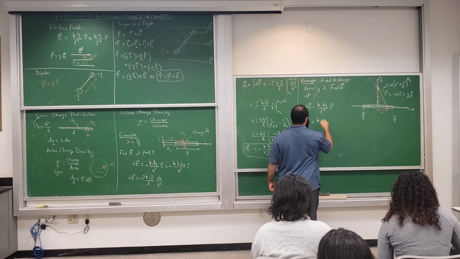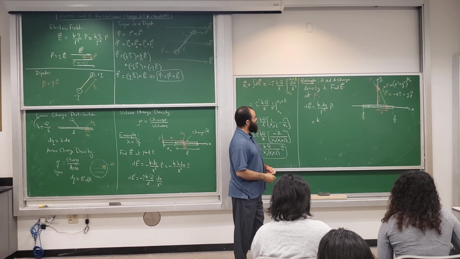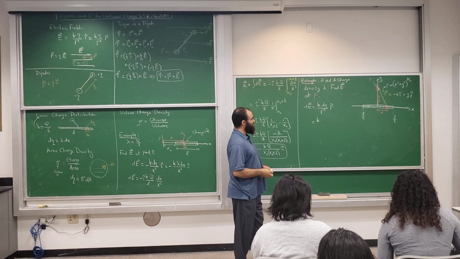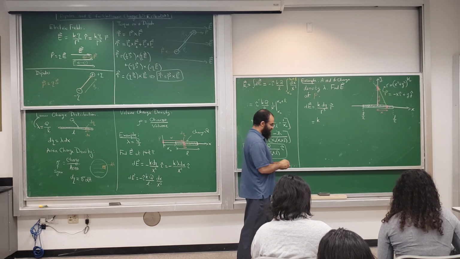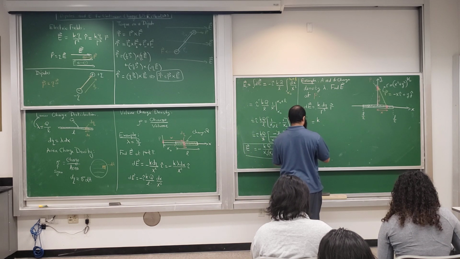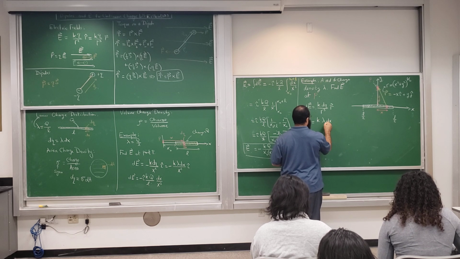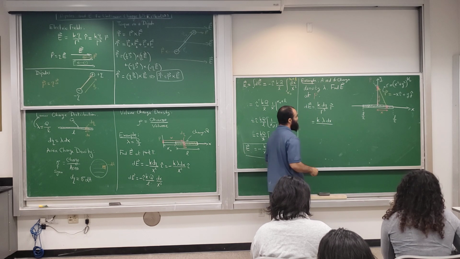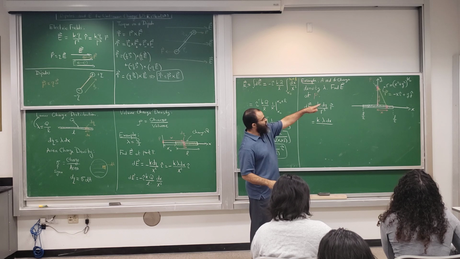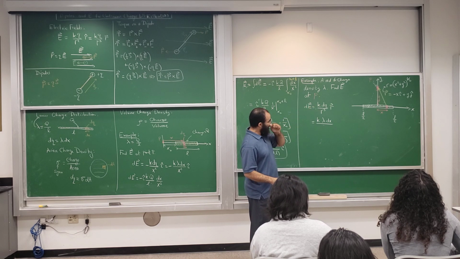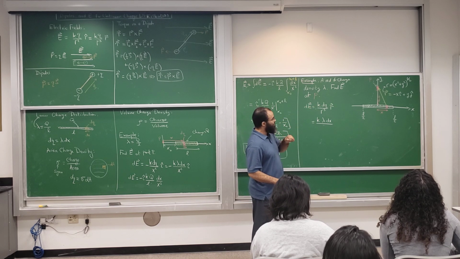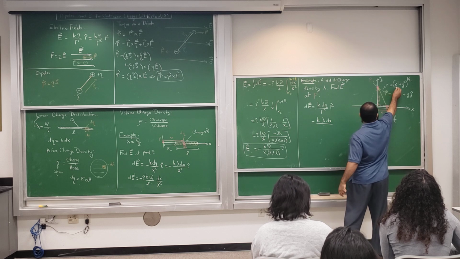So again, K. What's dQ in terms of lambda? Lambda dx, good. That's for the dq part. Now, how about r cubed? When you cube all that stuff, what do you get? To the 3/2, right?